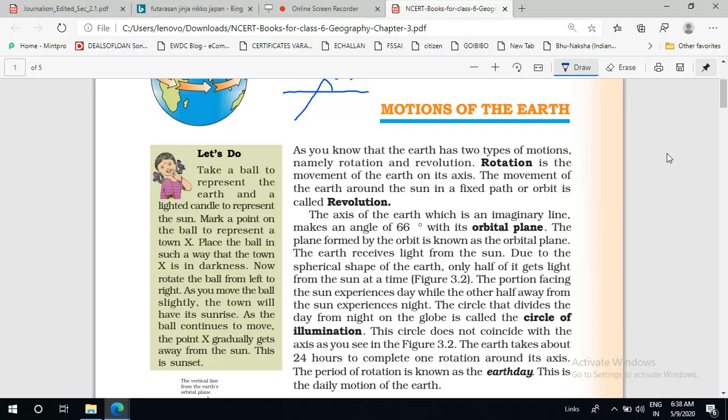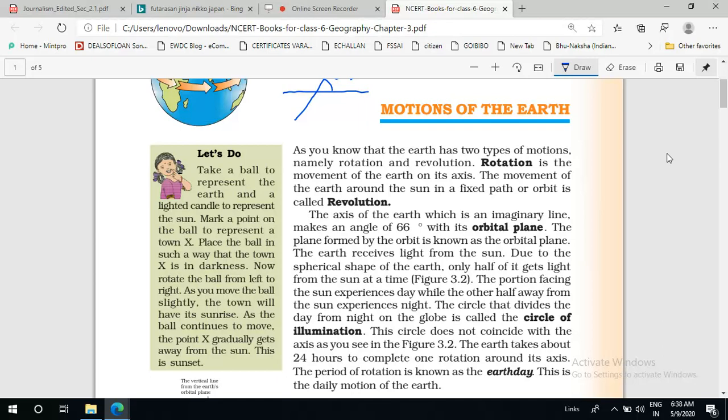Okay, and how much time is taken by the Earth to complete one movement around its own axis? It takes 24 hours. You must have remembered in your previous classes that there are 24 hours in a day.